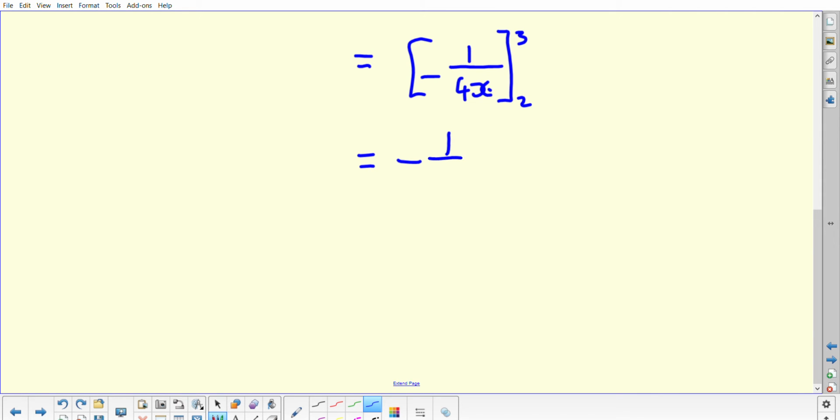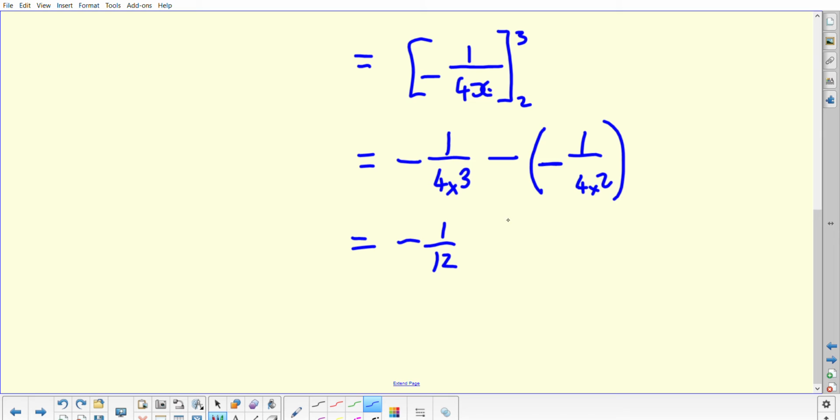So when I sub in, I'm doing upper limit, which in this case is 4, minus the lower limit. Now you've got like a double negative going on here, so it's minus the expression with the 2 subbed in. So that means I end up with minus 12, a double negative, minus minus means it's actually plus 1/8.